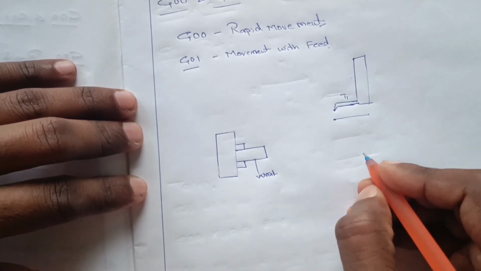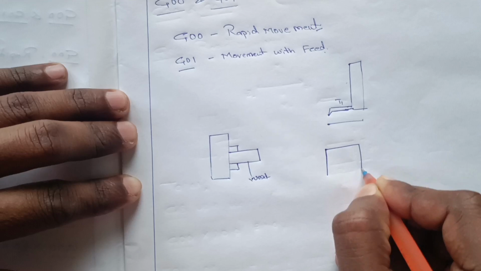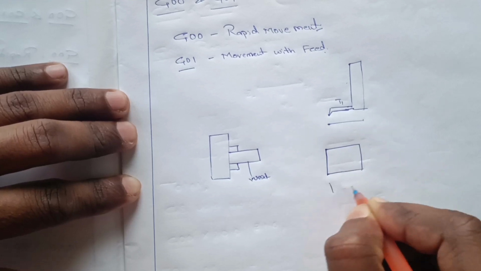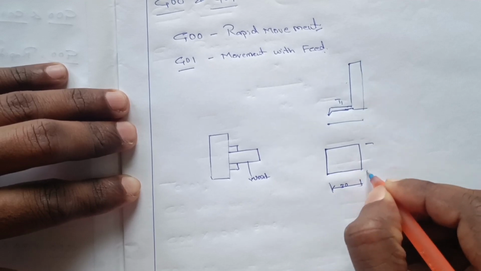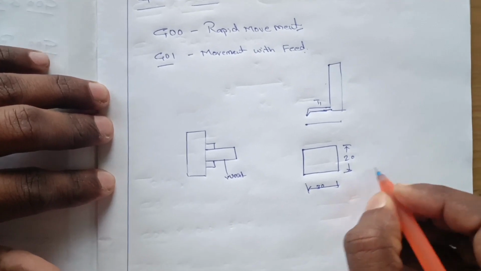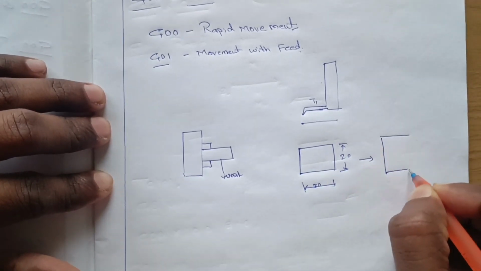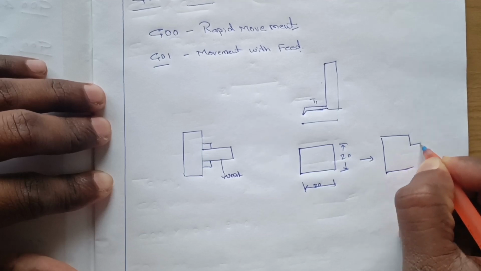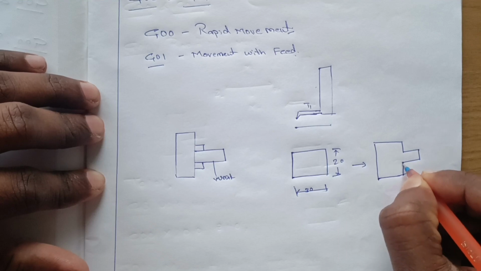Let's see, it's a raw product of some length of 30 mm and diameter of 20 mm. It needs to be converted into some step turning. Sorry about the drawings.